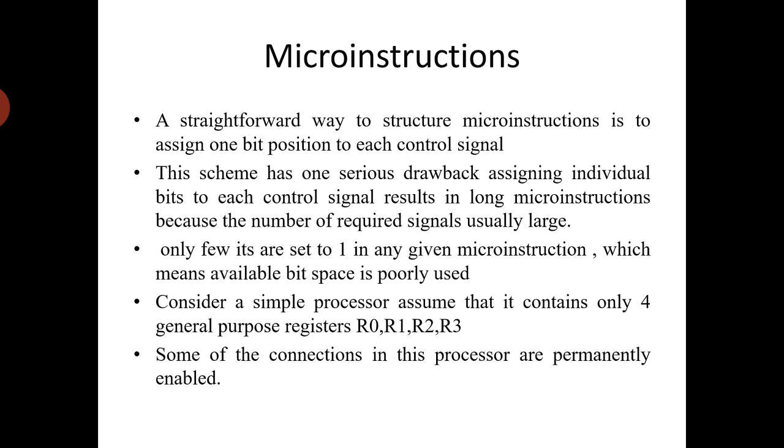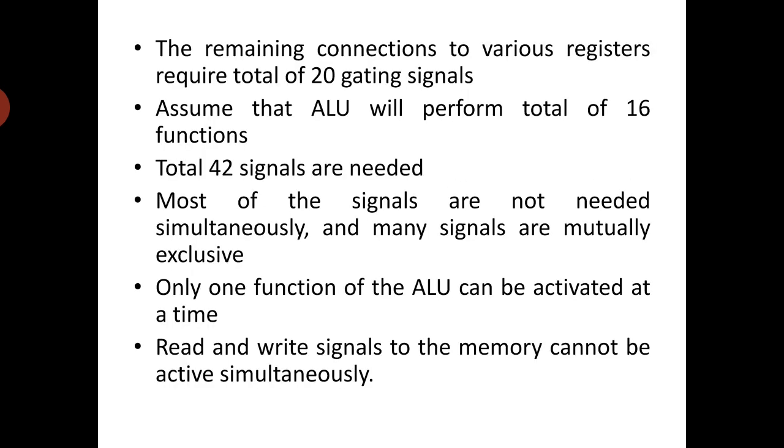These two are examples of connections which are permanently enabled. And the remaining connections to various registers require a total of 20 gating signals.